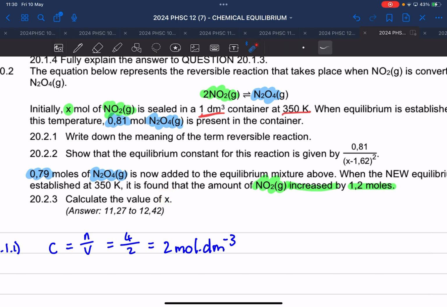So we have a new equilibrium, right? We changed the concentration. How are we going to solve for X? What are we going to equate together?